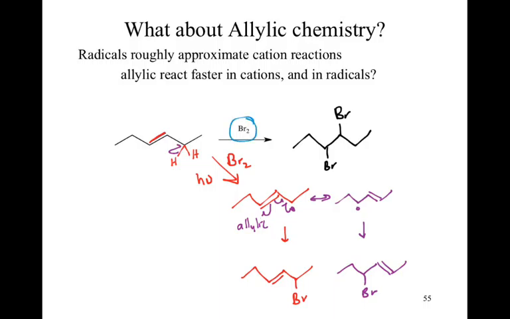Is bromine being added by itself, in which case you should see it as an addition reagent because it acts as an electrophile, or is it being added in the presence of light, in which case our bromine is acting as a radical initiator? Two drastically different products, and it's all going to center on, do you see the presence of light? If you see light, you should be thinking radical products.